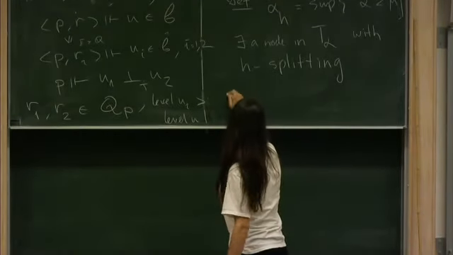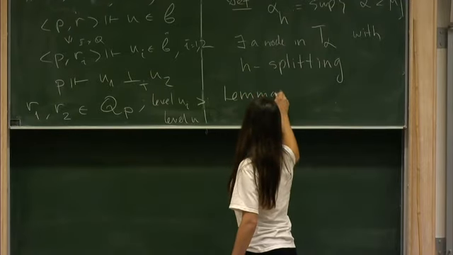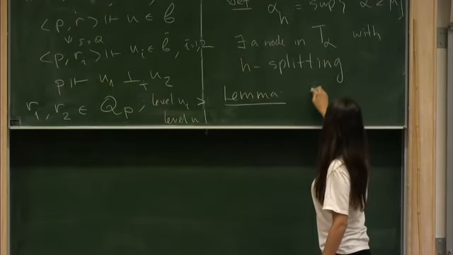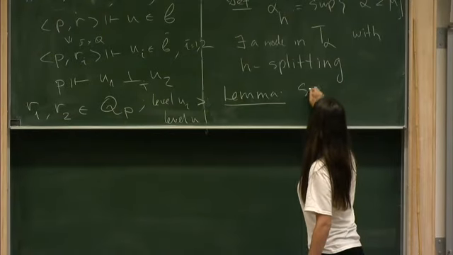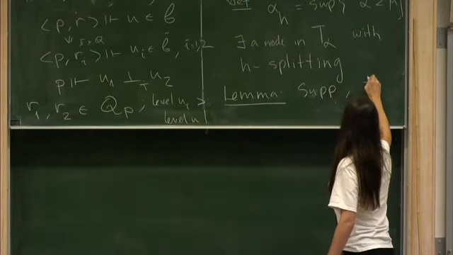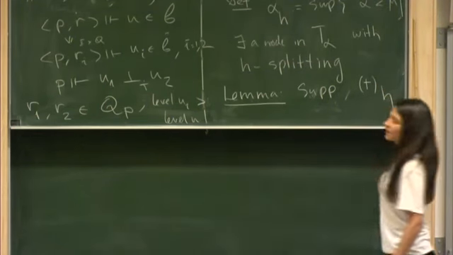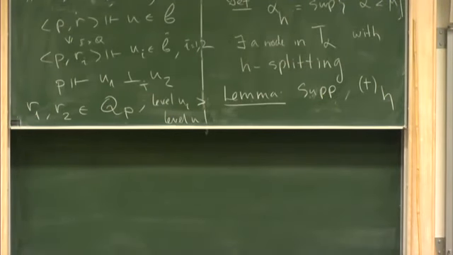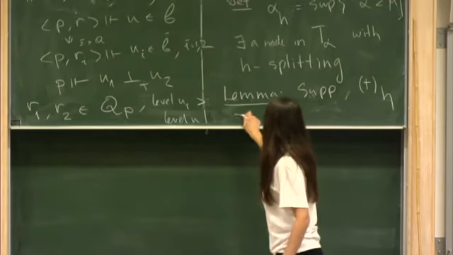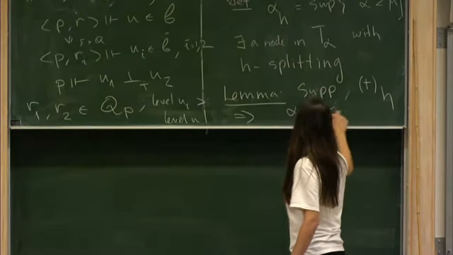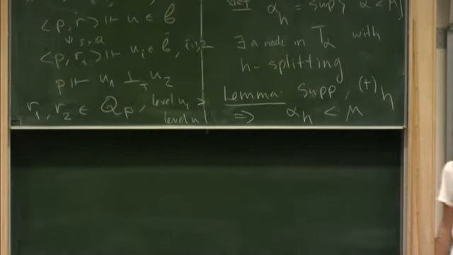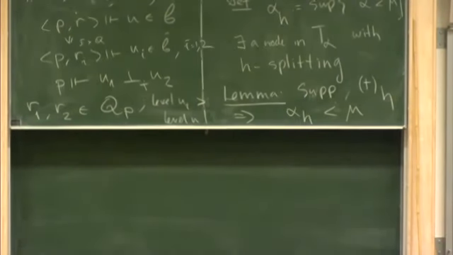And the key lemma is that, suppose dagger_H holds, so we are in the situation of Itai's conclusion, then alpha_H is less than mu, being the height of the tree. Once you show that for every such H, and dagger_H holds densely often, there is no more H splitting.